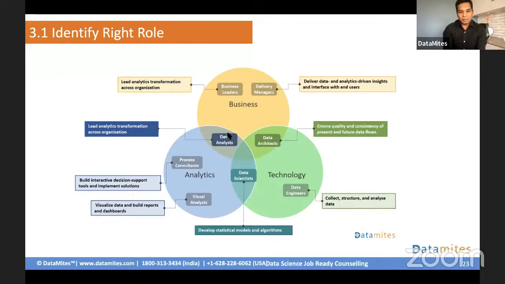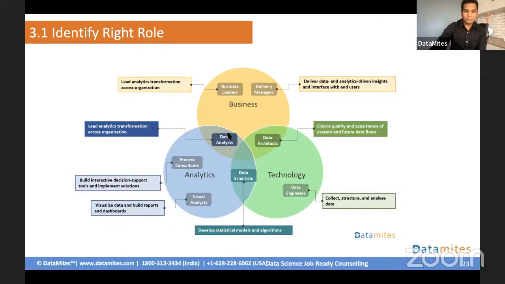And in the data part, we talk about process consultants and visual consultants, who primarily work on data, understand the patterns and insights, and also align with the business side. They are the people who get the data science model solutions into the business. The first thing you need to start with when you're applying for a job is where you fit in this broad spectrum of roles.